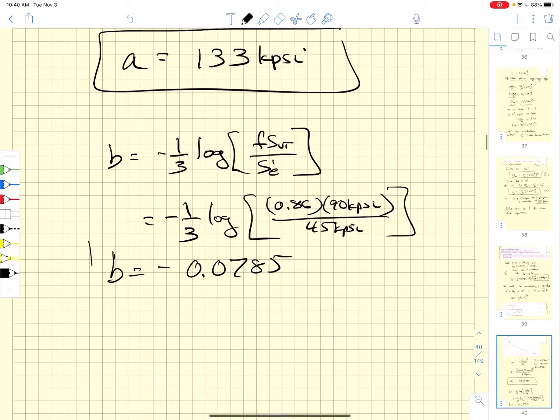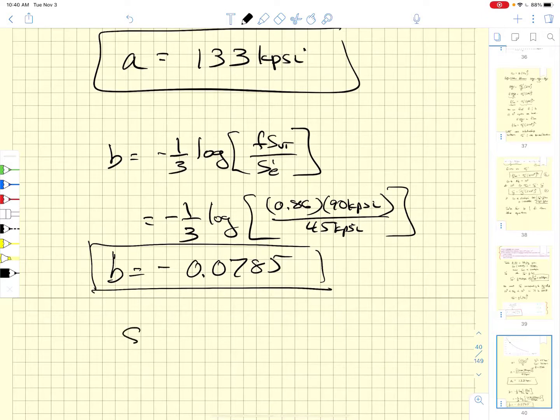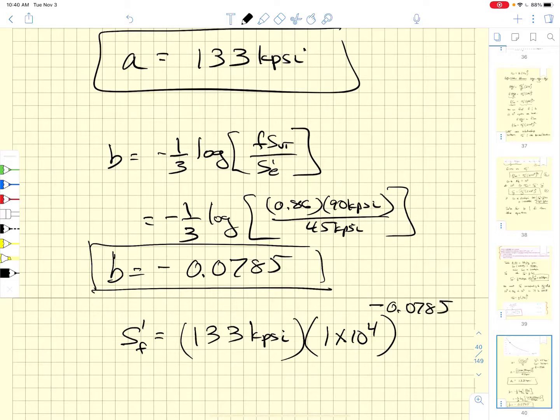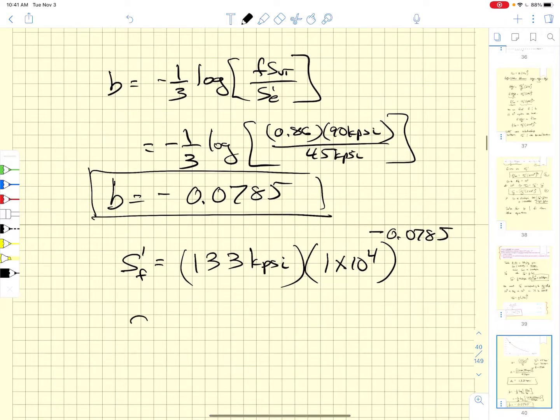So now we have what we need to predict the fatigue strength associated with 10 to the 4 cycles. The fatigue strength is going to be equal to A, 133 kpsi, times the number of cycles, 1 times 10 to the 4th cycles, raised to the power minus 0.0785. And if we do that, we find the fatigue strength is 64 kpsi.